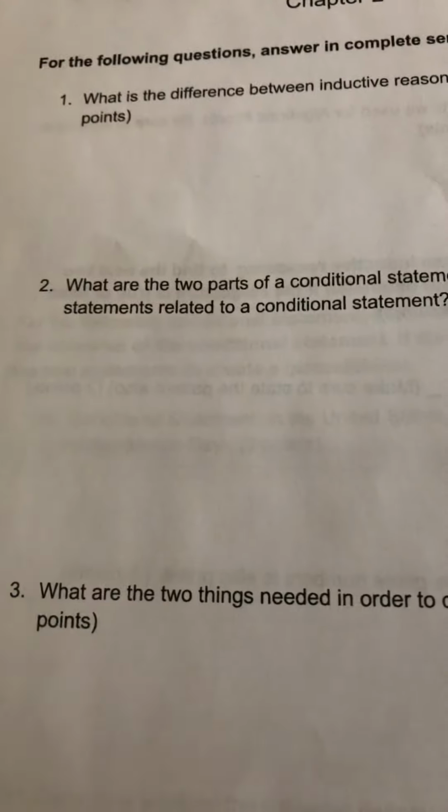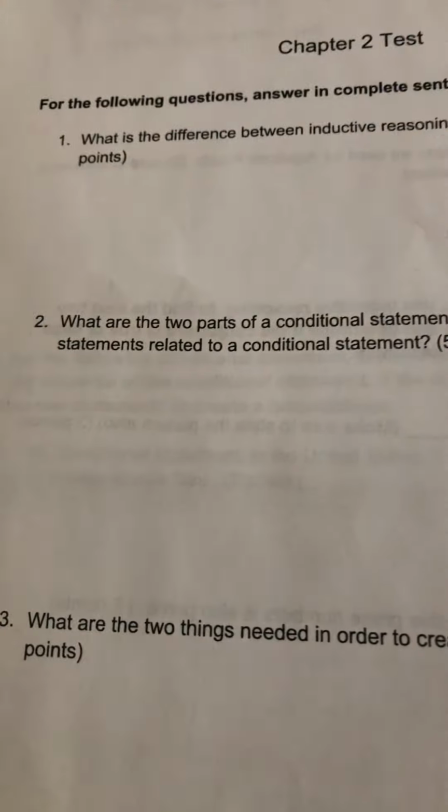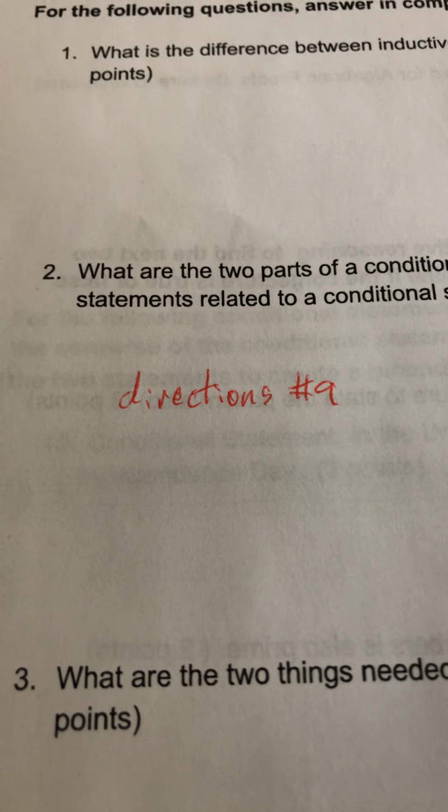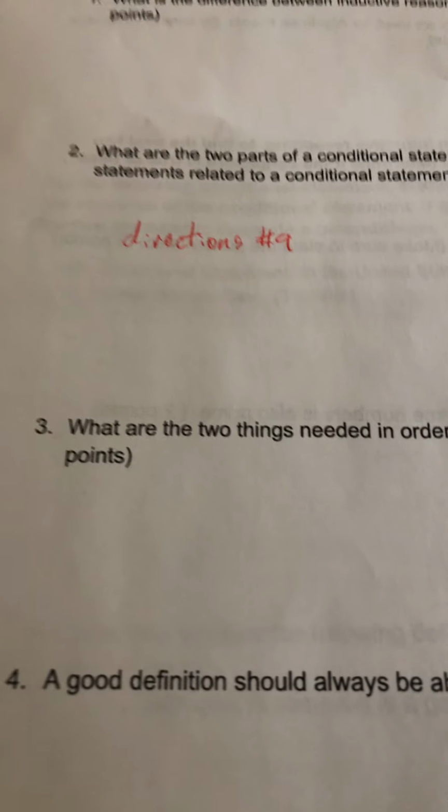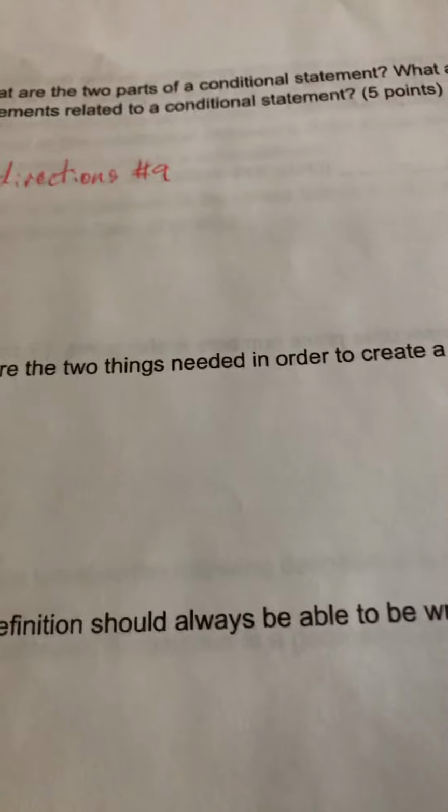The other 3 conditional statements are in the directions for number 9. It lists all of the other 3, okay? And you could use those letters to represent it too if you want.